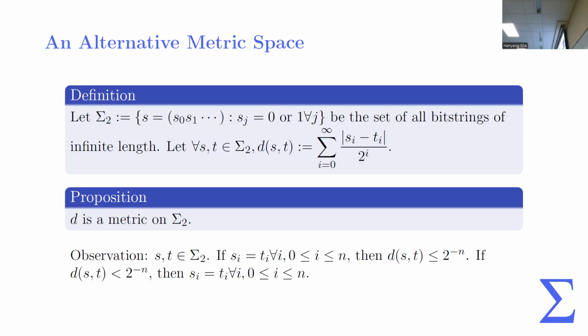Otherwise, on the contrary, if the distance is less than 2 to the negative n, then the zeroth to nth indices will all agree. This is very critical for later on when we try to bound this distance by some epsilon. We can automatically know that for some n, the first n bits will agree.